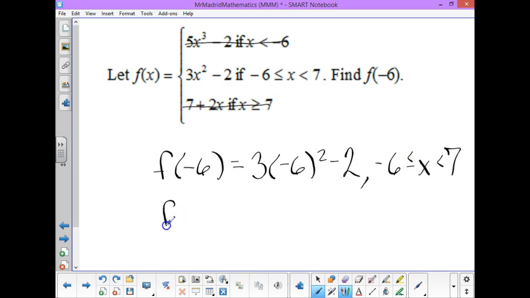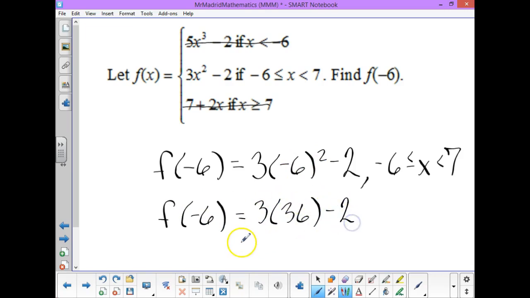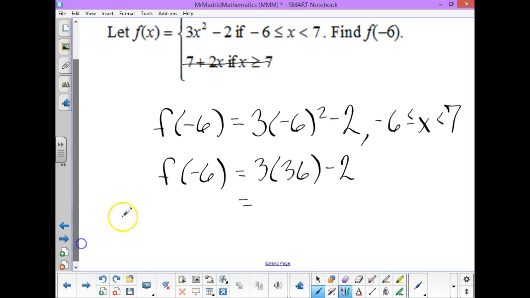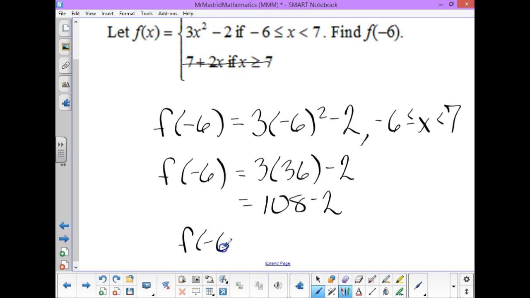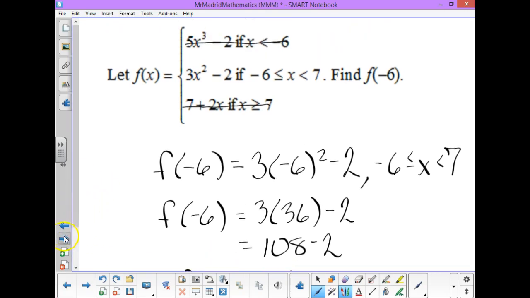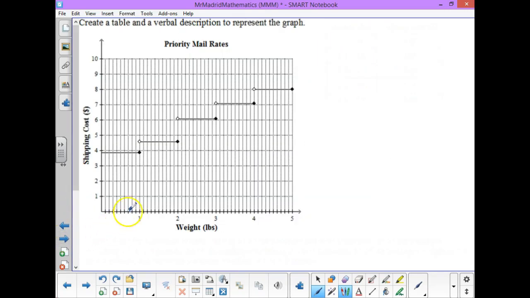What I can do now is evaluate: equals 3 times 36 minus 2, which equals 108 minus 2. And lastly, f of -6 is 106. Done and done. That's your intro. If you're comfortable, great. If not, please come with questions tomorrow.